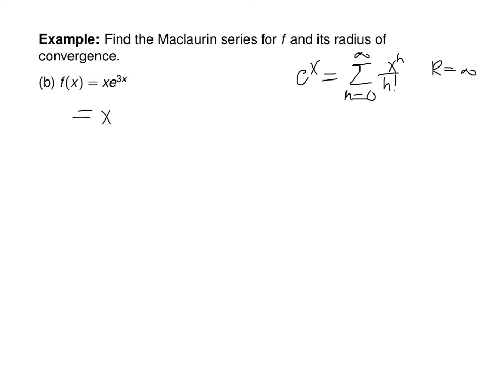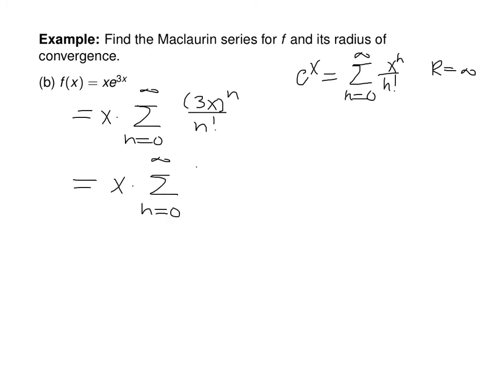So we can write this as x times the sum from 0 to infinity 3x to the n over n factorial, which is the same thing as x times the sum from 0 to infinity 3 to the n x to the n over n factorial. And when I bring that x inside the sum, I will now have x to the n plus 1 instead of x to the n.